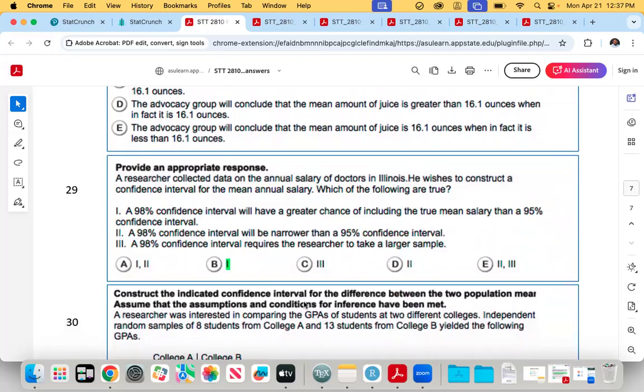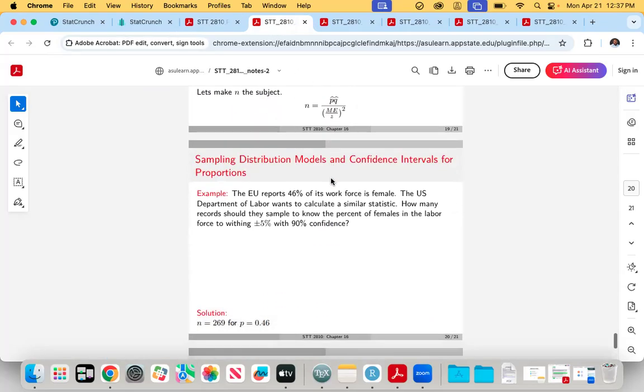Now let's get to 29. 29 says that a researcher collected data on the annual salary of doctors in Illinois. He wishes to construct a confidence interval for the mean annual salary. Which of the following are true? So, based on this, let's try to look at the slides we have here.